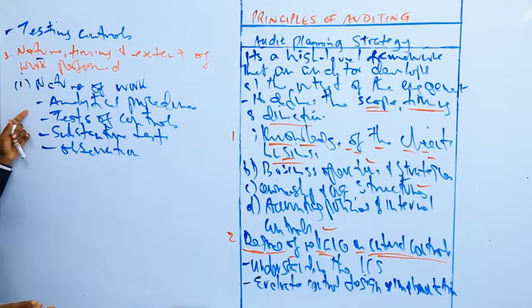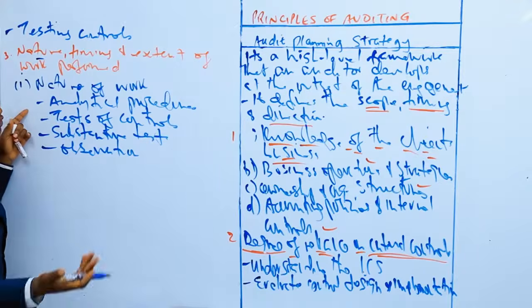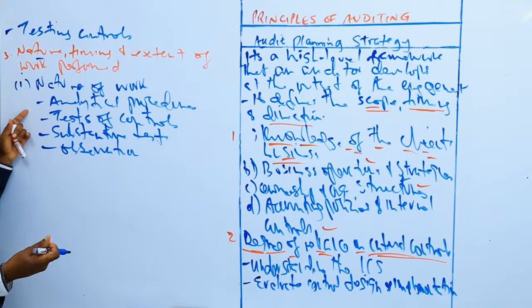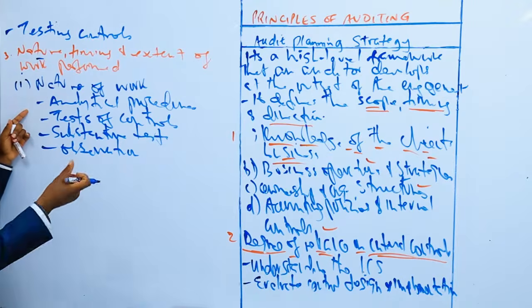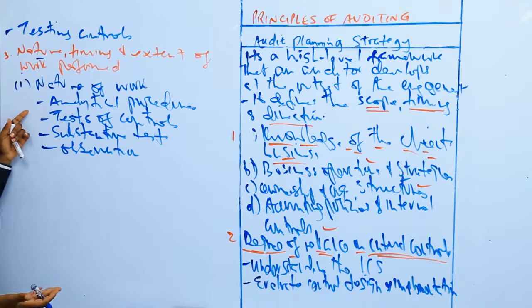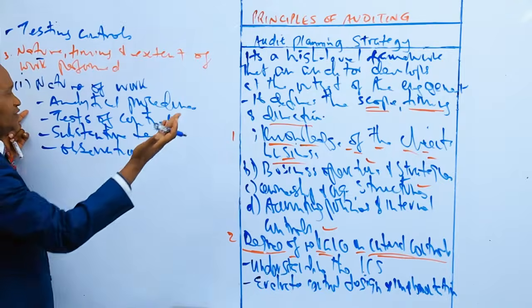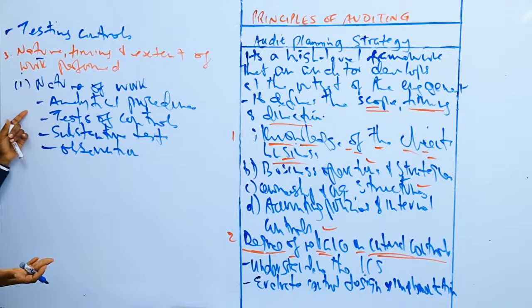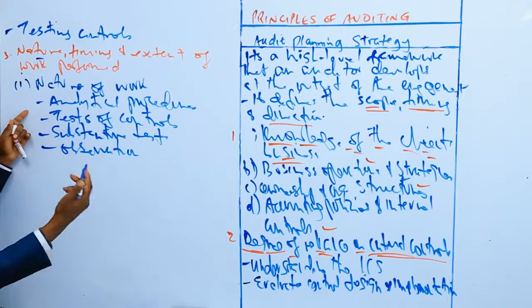The auditor may construct ratios from maybe 2 or 3 previous financial periods, then compare with the current ratios of the financial statements under audit, so that the auditor can identify any trend or any deviation from the norm or the standards, because you have industries that have standard ratios.